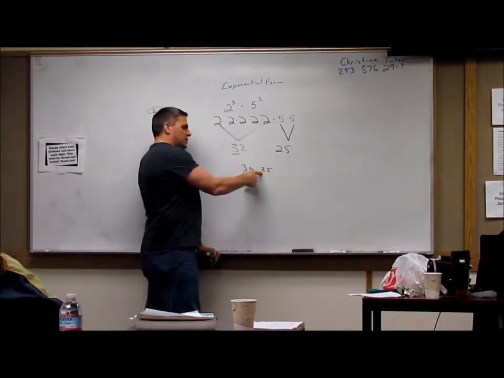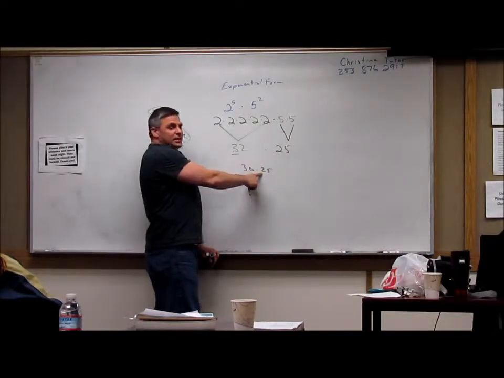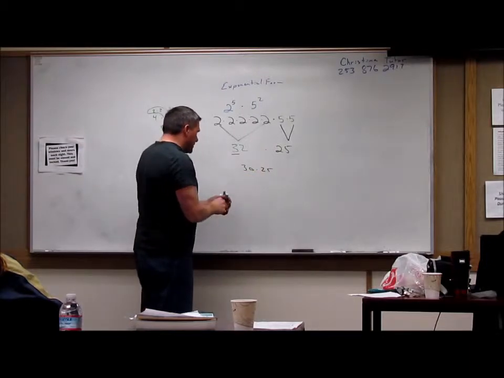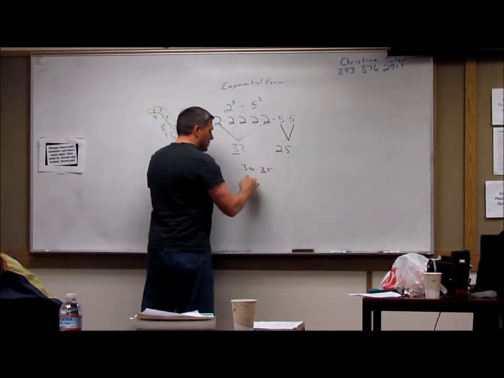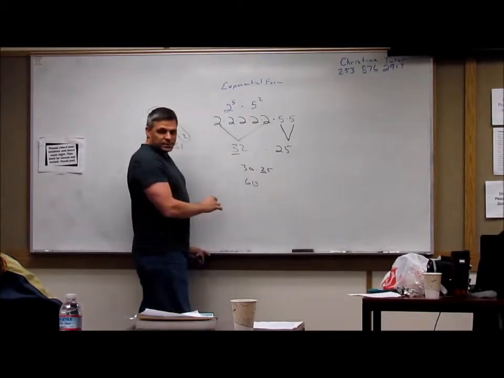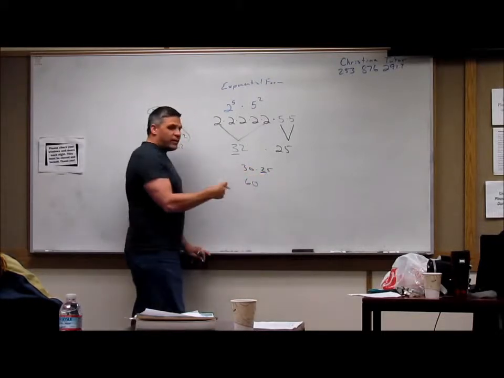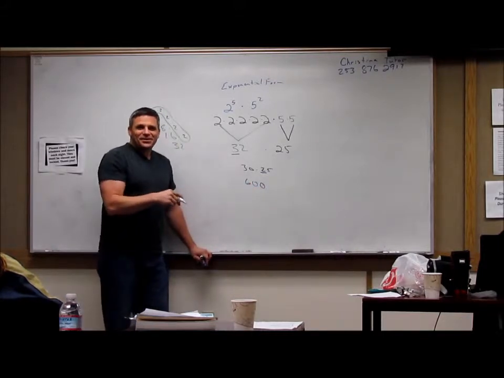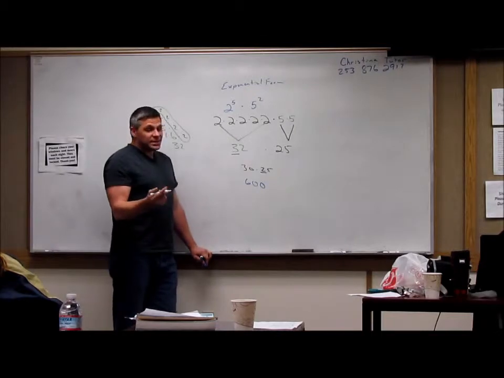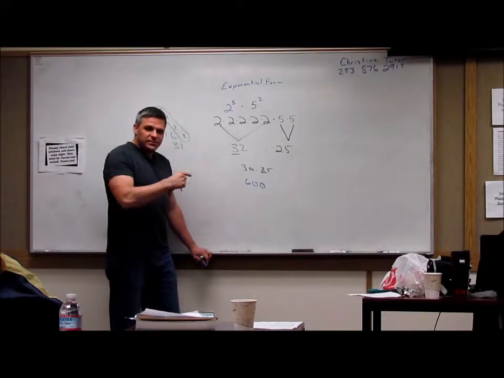So I have the 600 plus the 150. How I did that was I took my 30 times 20, and I got, I'm sorry, it's 600. 3 times 20 is 60, but 30 times 20 is 600, because I'm going to have the 2 zeros.